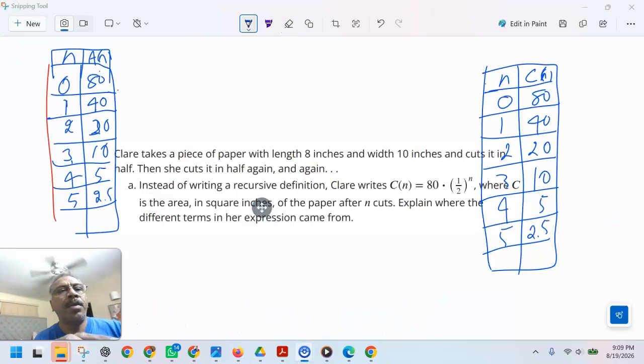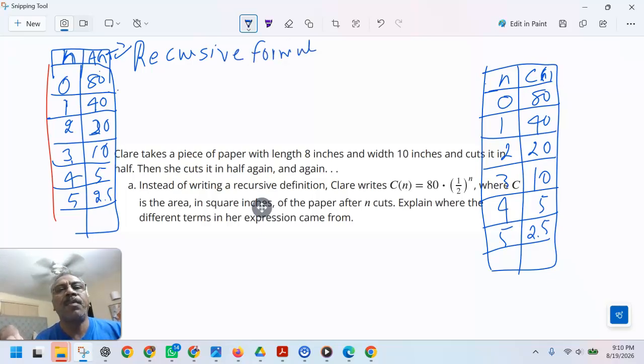So what I tried to do is I've made two tables. You can see the first table here, where n is the step number, this is the area, and this is the recursive definition or formula that we used last time. In the beginning, the area in the zero step without any cut was 80, so this is when n is 0.